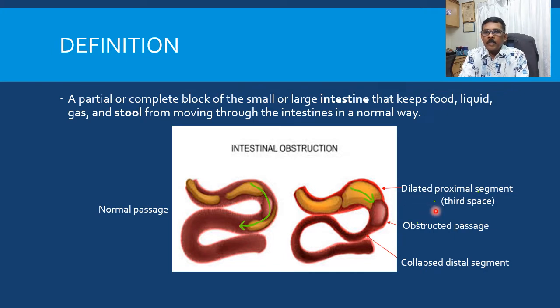It also forms a third space where fluid and gas accumulate and cause it to become very distended. The distal segment, which is distal to the obstructed passage, collapses. This is the efferent loop. So this is the simplified explanation of what intestinal obstruction is.